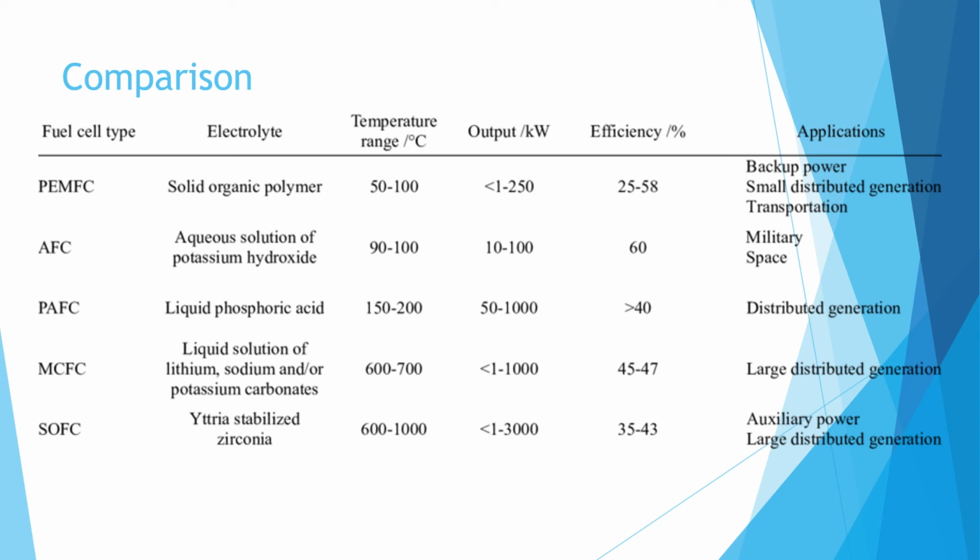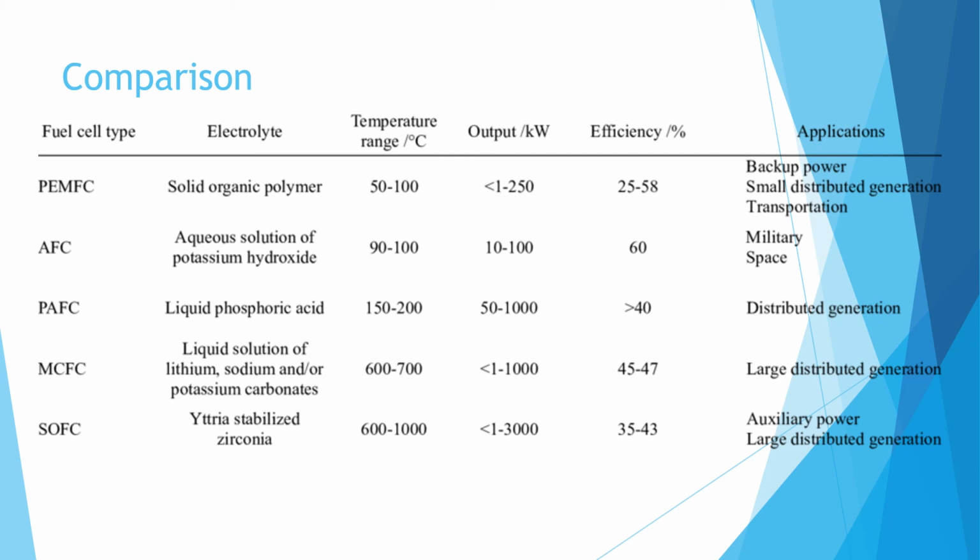Temperature ranges. From this comparison we can learn that the lowest operating temperature is required for the PEMFC or proton exchange membrane fuel cell, and the highest temperature is required for the SOFC. It's near to 1000 degrees Celsius.